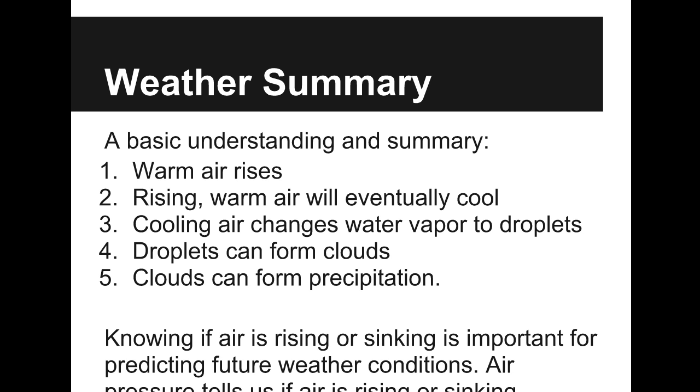Rising warm air will eventually cool down. The cooling air changes water vapor to droplets. It can't hold on to that water in its gas form anymore, so it condenses into little water droplets. Those droplets can then form clouds, and those clouds, not always, but they can form precipitation.